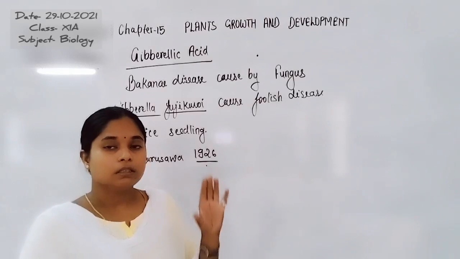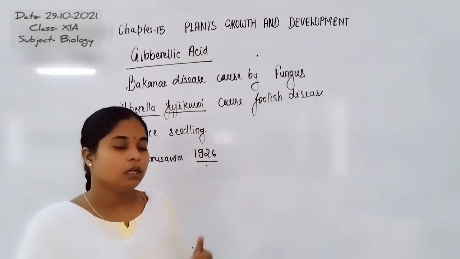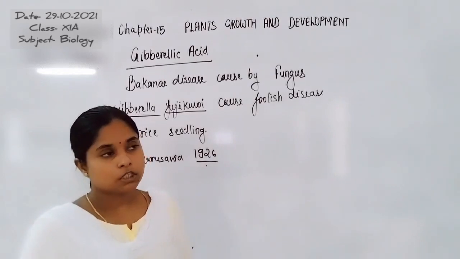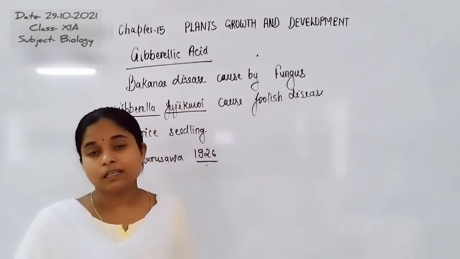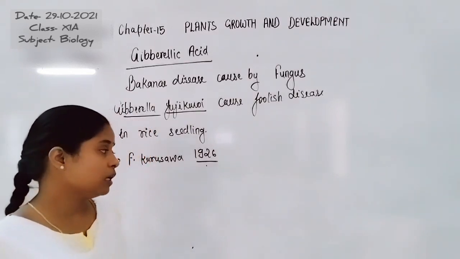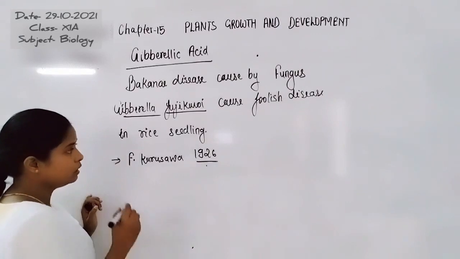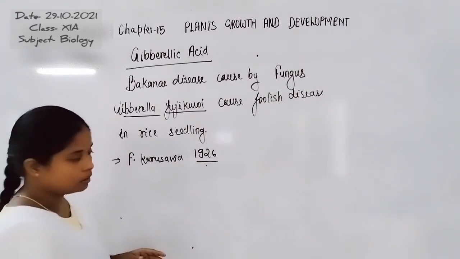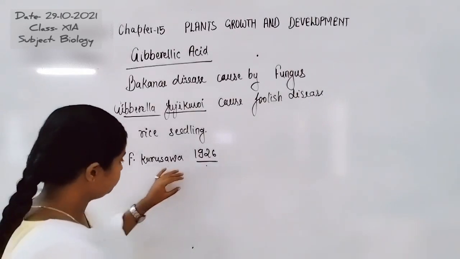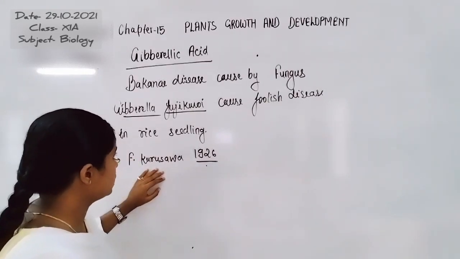That means the nodes or internodes became elongated after the formation of gibberellic acid. Actually, Gibberella fujikuroi synthesizes gibberellic acid. The discovery was done experimentally by F. Kurosawa in 1926.